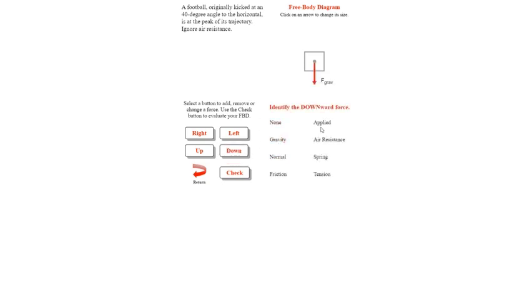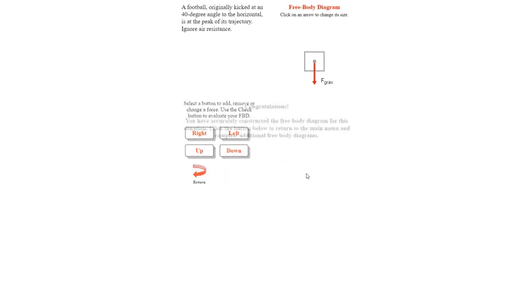We have gravity. We do not have a normal force. The only thing that's holding this up in the air is momentum. How about a left or a right force? It doesn't tell us left or right, but we know the football is going to be traveling in an arc. So is there a left or a right force? Well, there's not, because that is momentum as well. So let's go ahead and check this. And there we are. Give this a try and let me know if you have any issues.